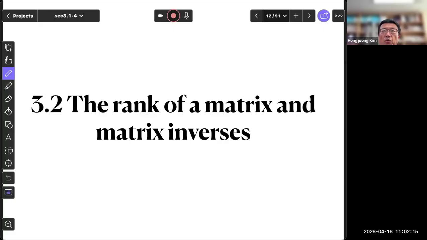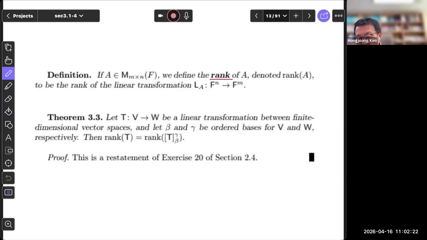In section 2, we consider the rank of a matrix. So what will be the relation between these two? Here, given an m by n matrix A, we define its rank using the rank of the linear transformation L sub A. So what is L sub A? L sub A is a left multiplication transformation.